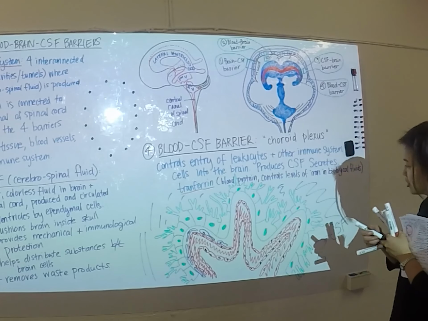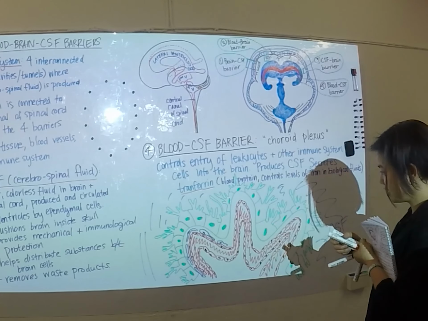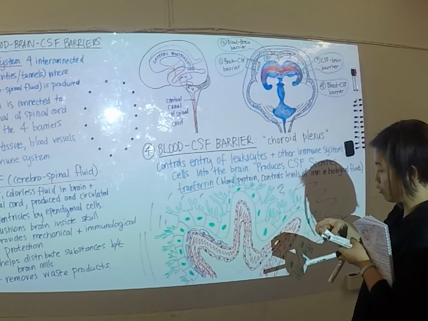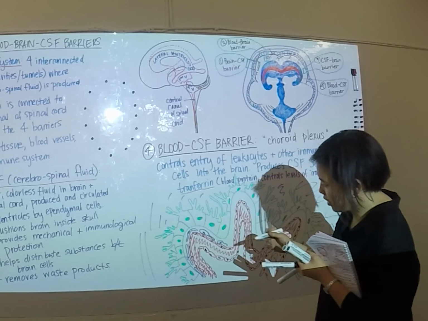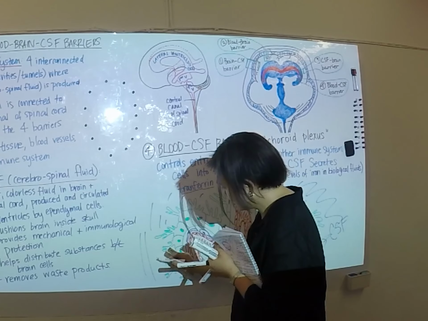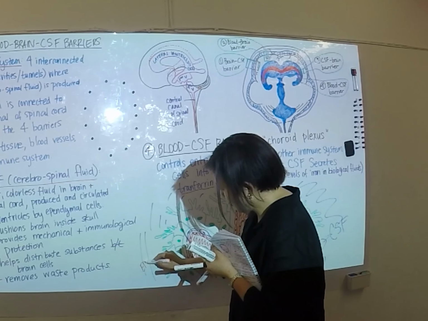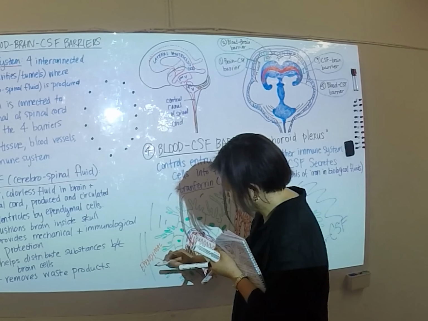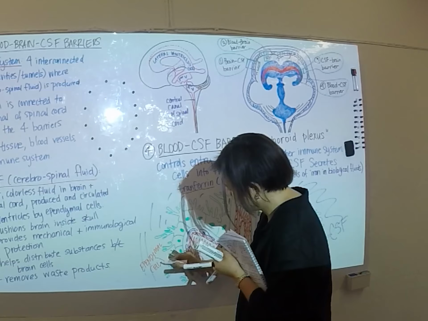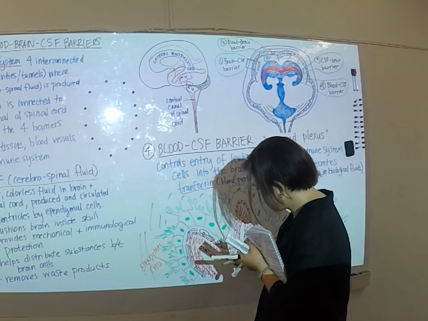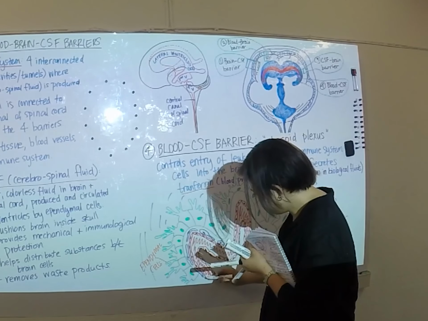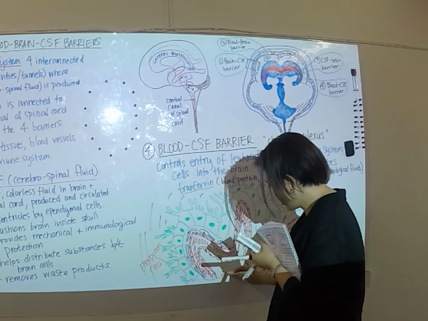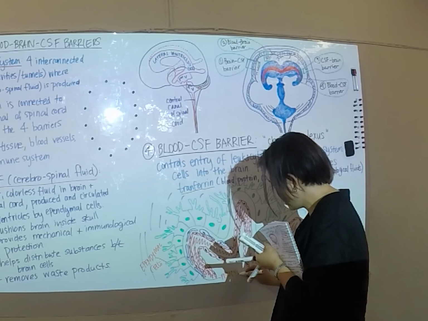Okay, so let's just quickly label these. What's a color I haven't used? It's orange. Okay, so the green is the ependymal cells. Okay. The purple are the pericytes.